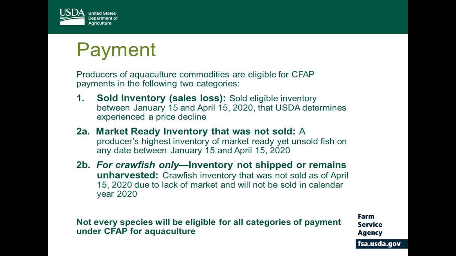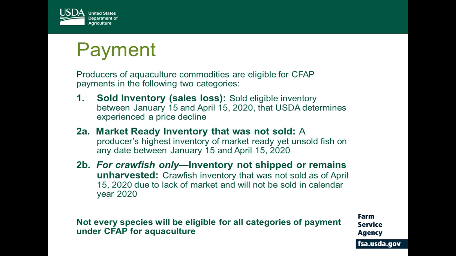And so going back to this, now the category three, it applies to crayfish only, and it does not apply to the rest of the aquaculture species. So it's crayfish inventory that was not sold as of April 15th due to a lack of market and will not be sold in the calendar year of 2020. So that is a little bit different.